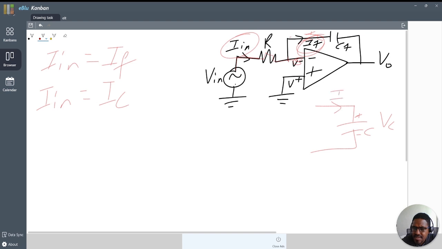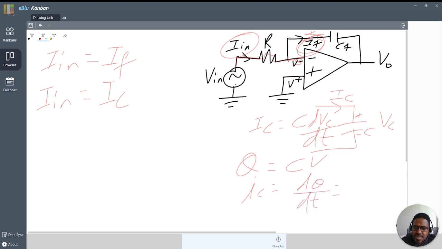IC is d of Vc over dt. That is, IC becomes d of charge over d of t, which means d of q.